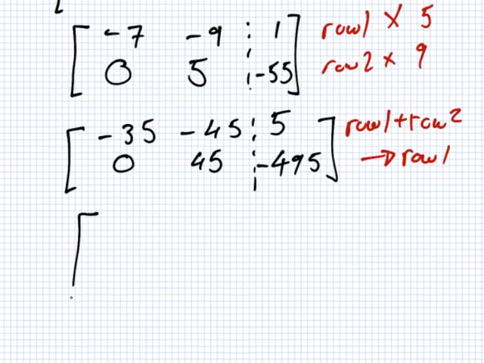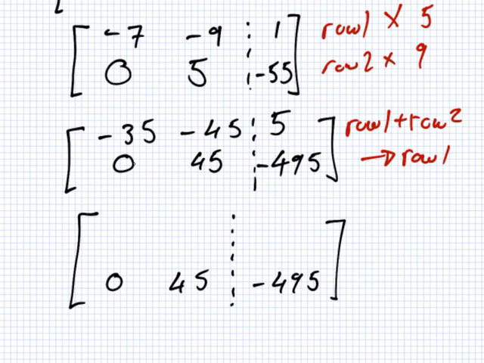So row 2 is the same now. Minus 35 plus 0, minus 35. That is easy. Minus 45 plus 45, 0. 5 and minus 495 is minus 490, isn't it?